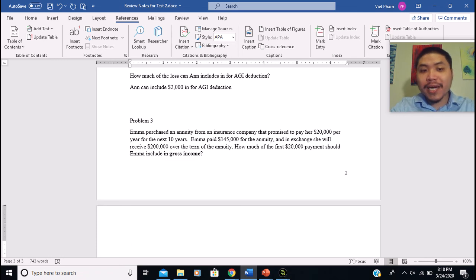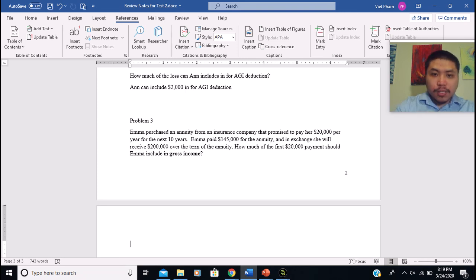That's the amount that she paid to acquire this investment, right, and then we use our ratio, we multiply by the $20,000 to figure out the portion that can be considered as her capital in the investment, right? And then the rest, the leftover, is going to be the amount that we can include in the gross income, right?